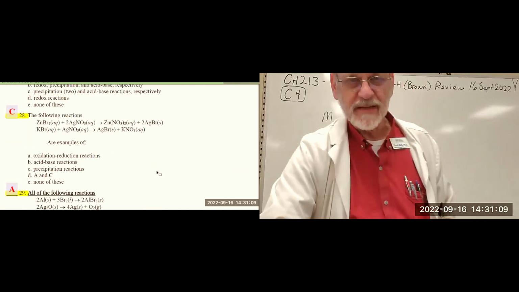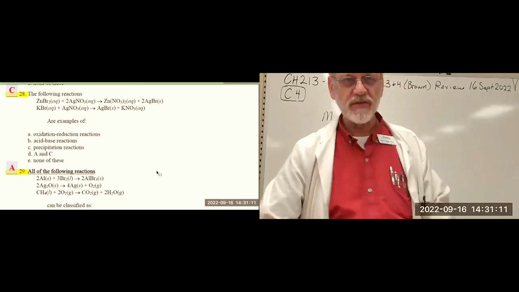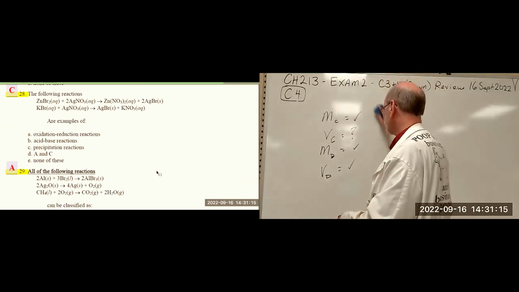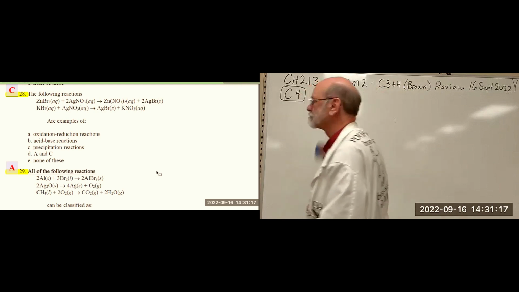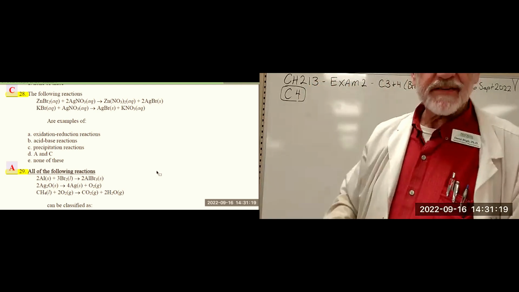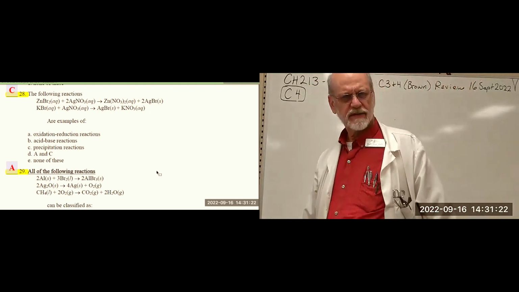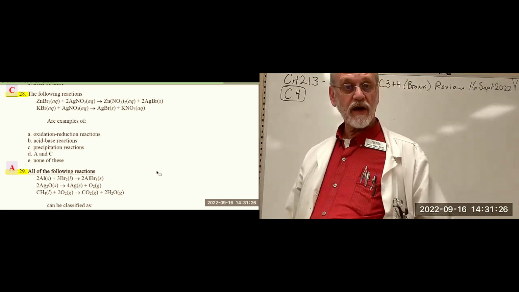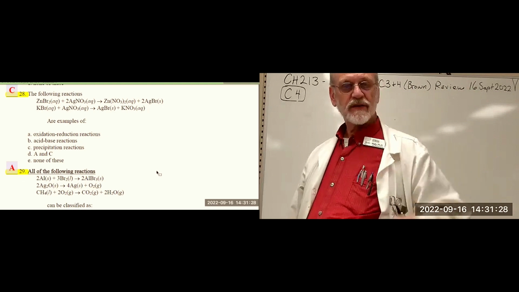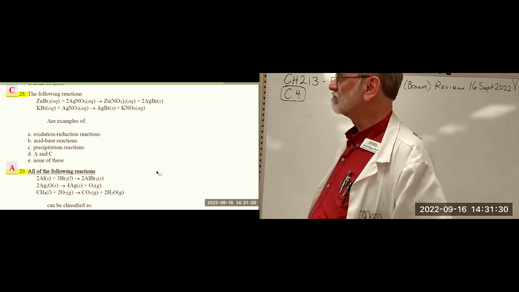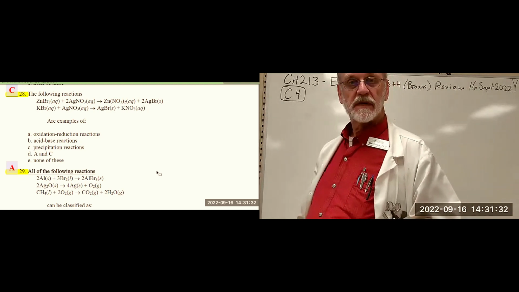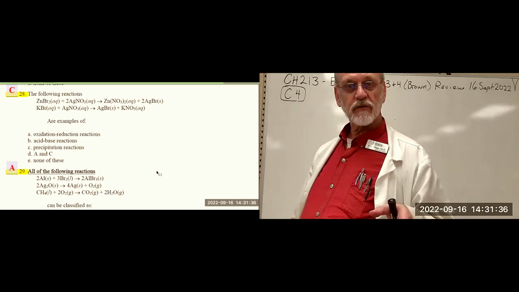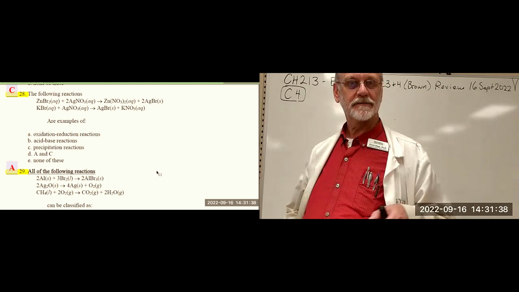All right, let's see. What type of reactions are these? Number 28. Well, what kind of reaction is that? ZnBr2 aqueous, an ionic compound in solution, plus silver nitrate aqueous yields zinc nitrate aqueous and silver bromide solid.